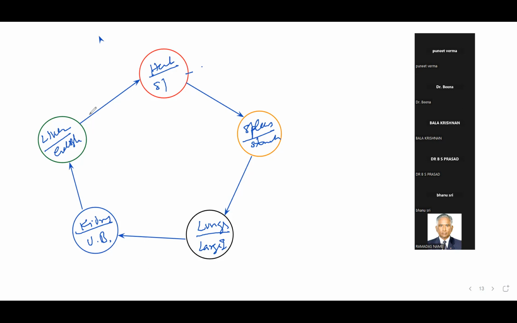So these 5 organs, if they are working normally, or if there is any disturbance in these 5 organs, there are some signs.